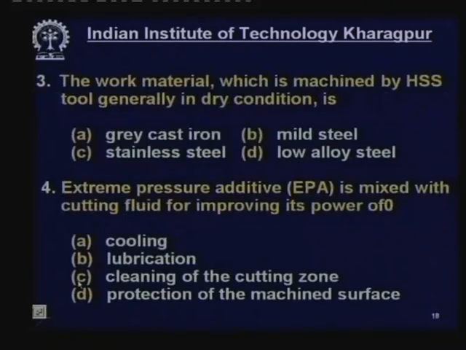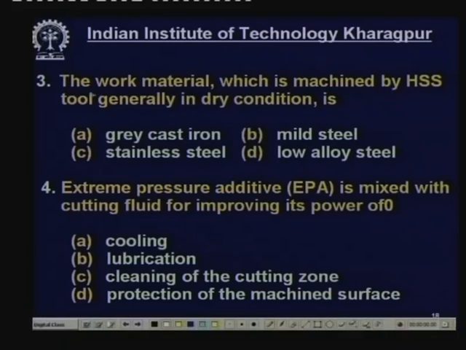See another, the work material which is machined by high speed steel tool generally in dry condition is cast iron, one answer possible, mild steel, stainless steel and low alloy steel.